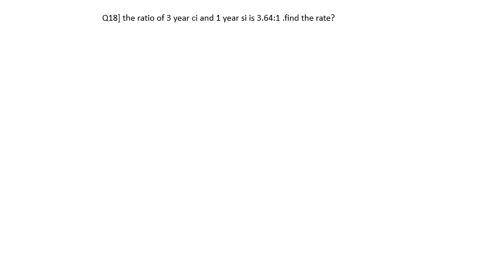Now moving to the next question. If the ratio of 3 years CI and 1 year SI is 3.64 is to 1, find the rate. Okay, 3.64 is to 1. This I can write as 364 is to 100, right? Now from the table for 3 years, these all I have discussed, guys.